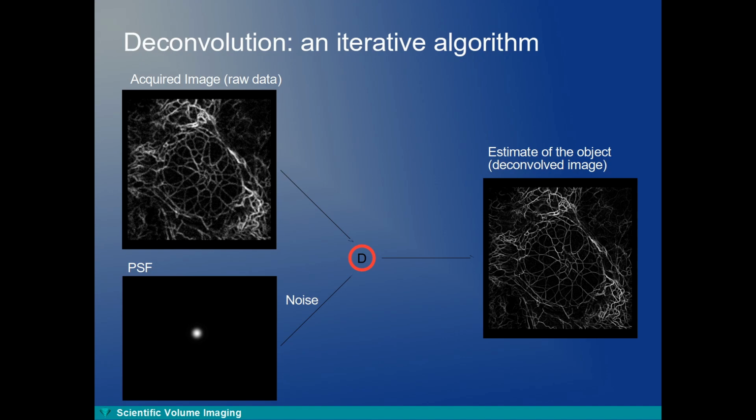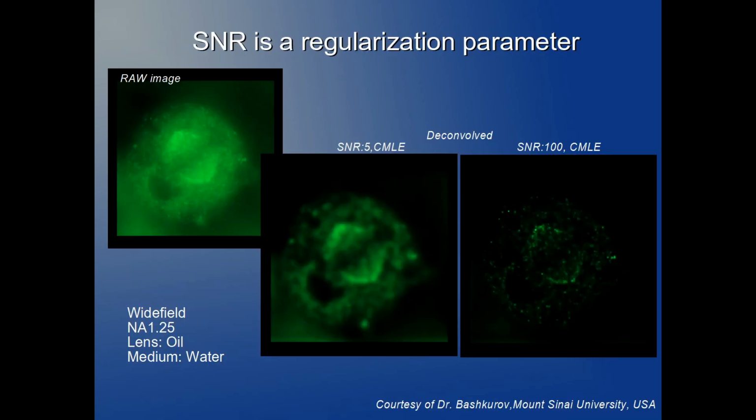The feedback that we got is that users find it difficult to determine which signal to noise ratio value they should set, and it's important to set it correctly. On the following slide you can see the effect of the signal to noise ratio regularization parameter on a deconvolution.